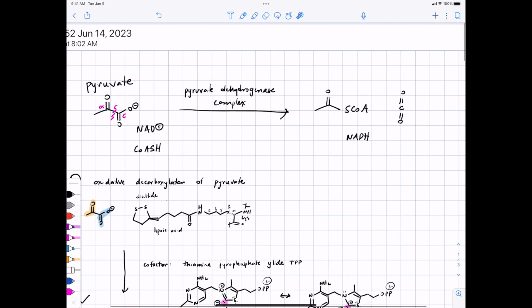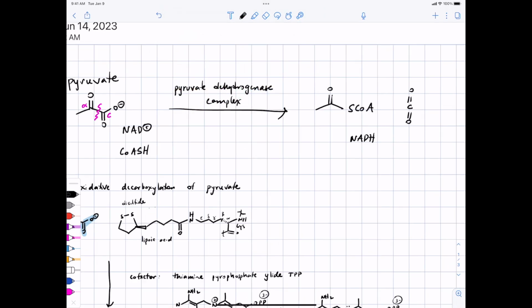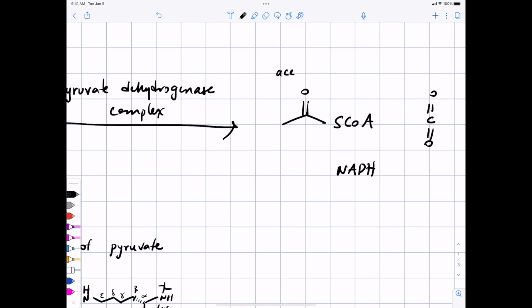And you need to lose 1 carbon as CO2 to get down to the 2-carbon acetyl-CoA. This is the sort of universal entry point into the citric acid cycle, acetyl-CoA. And that's also the product we get from fatty acid beta oxidation.